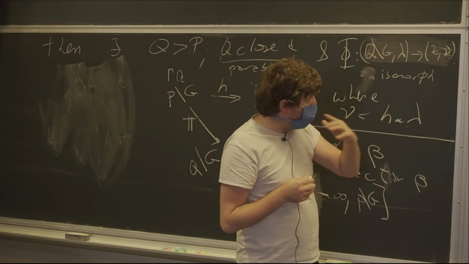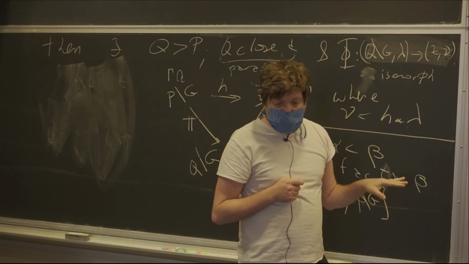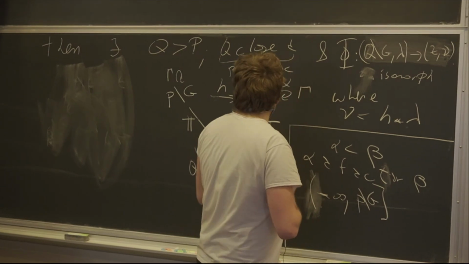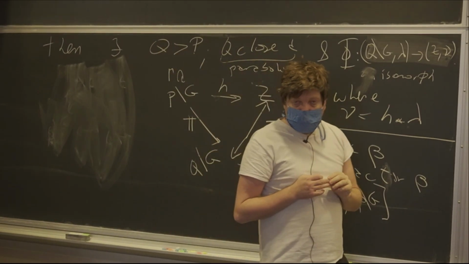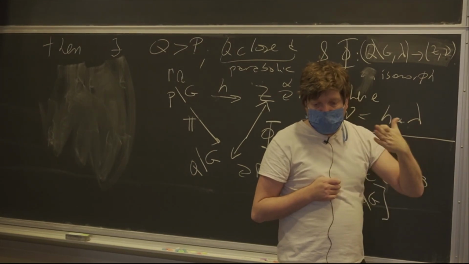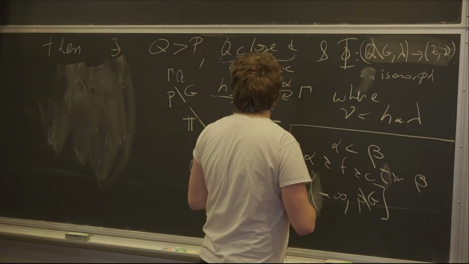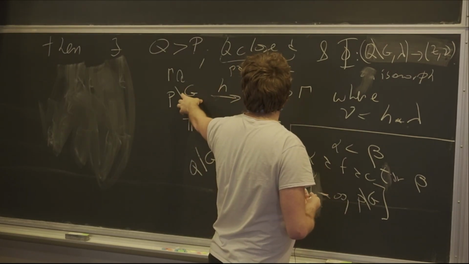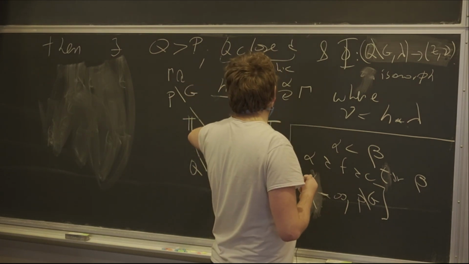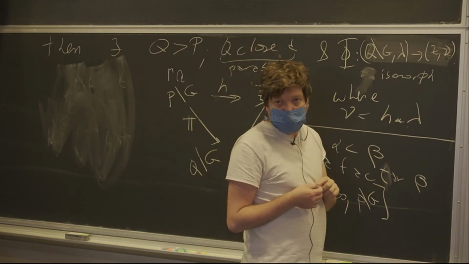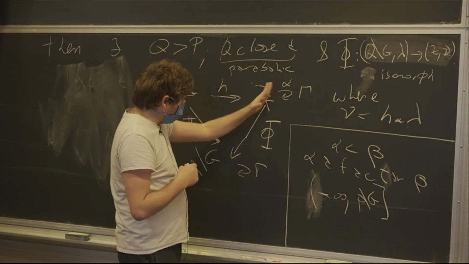Actually, maybe before I continue with this, let me define the Q very explicitly, and then Q will be clearly a group, not so clearly closed. We will see then by this construction why it is closed, and after we know how to prove it's closed, then we will have to develop the machinery to show that the phi naturally created this way is an isomorphism. And the phi will go from here to here.